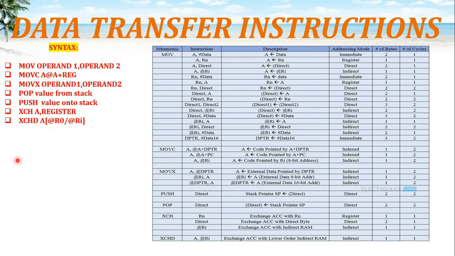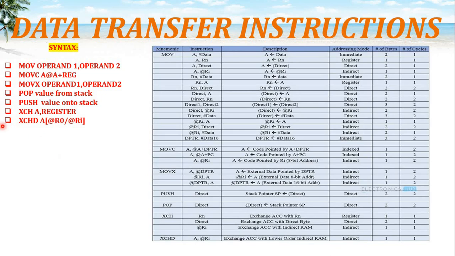Next one is exchange D, which indicates digit. If I'm going to transfer any digit, then I can use this exchange digit A register. That is, it is going to exchange the accumulator with either the lower order indirect RAM or the higher order indirect RAM.